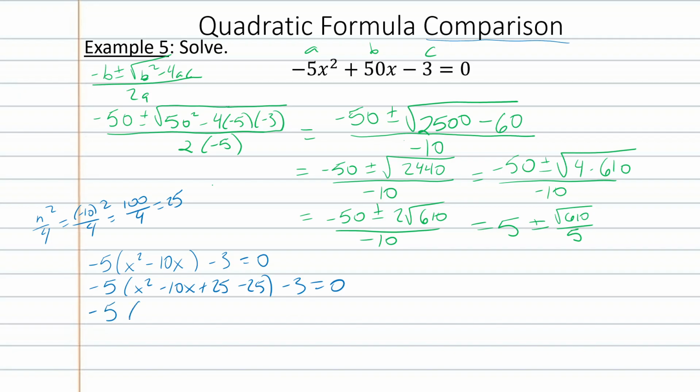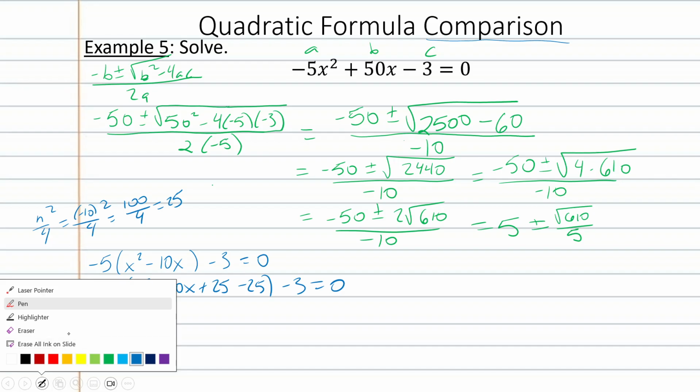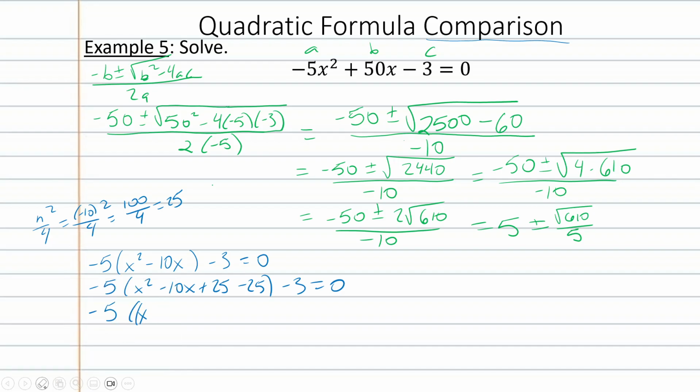Which looks like negative 5 times x minus 5. If I factor that part, remember I'm just factoring this piece right here, it should factor into x minus 5 squared, minus 25 minus 3 equals 0. Okay, and then we can distribute accordingly. So it's going to give us negative 5 times x minus 5 squared.